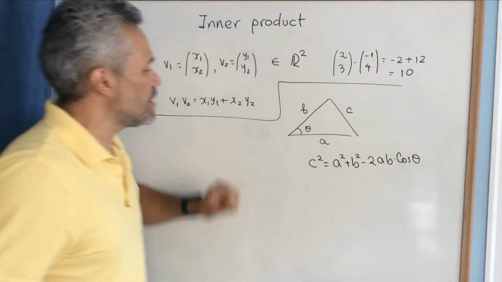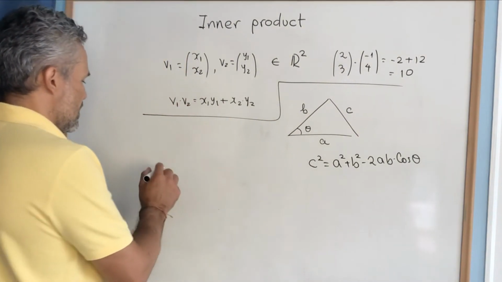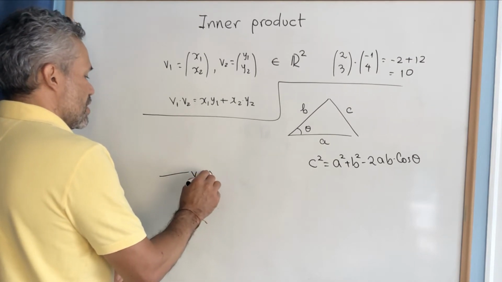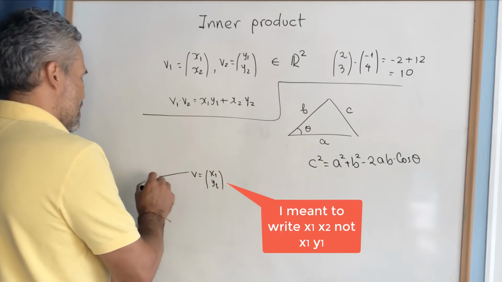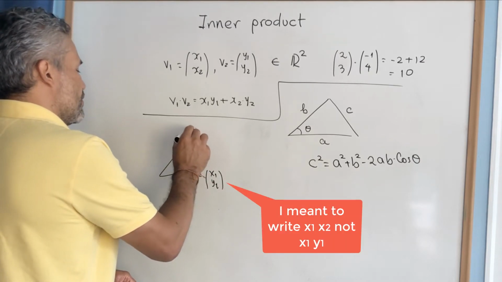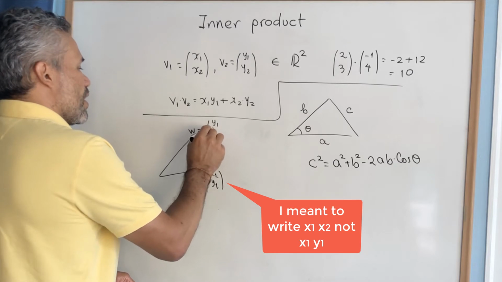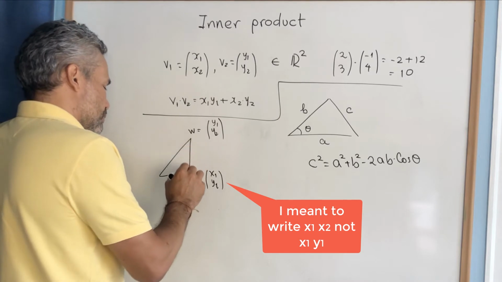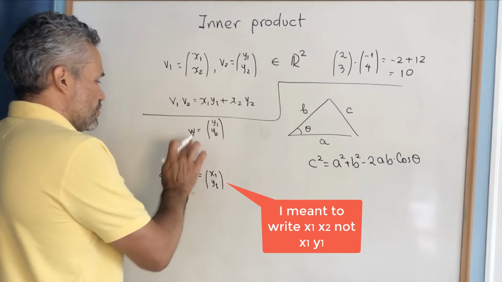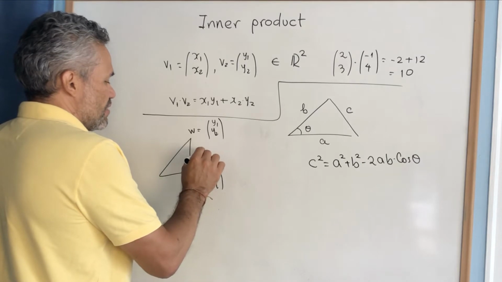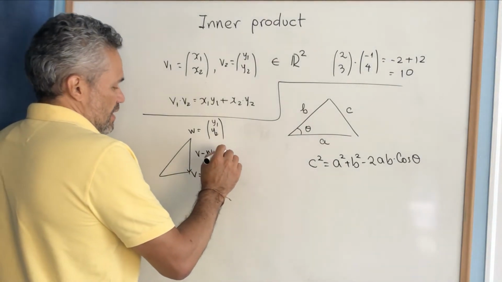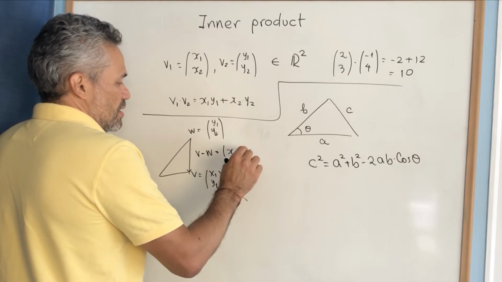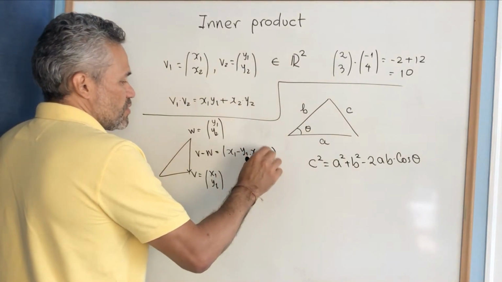Using this property, if we think about the vector v equal to (x1, x2) and the vector w equal to (y1, y2), then the vector that goes from here to here is the vector v minus w, which is (x1 minus y1, x2 minus y2).